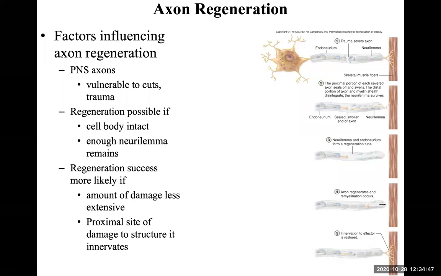Another way to say that is that the closer the damage is to the cell body, the worse the damage. That's just because anytime you damage the cell body, and again, neurons are mostly amitotic, it becomes difficult or not possible at all for that neuron to regenerate the axon that was damaged.